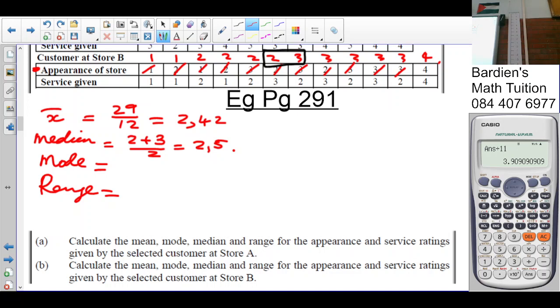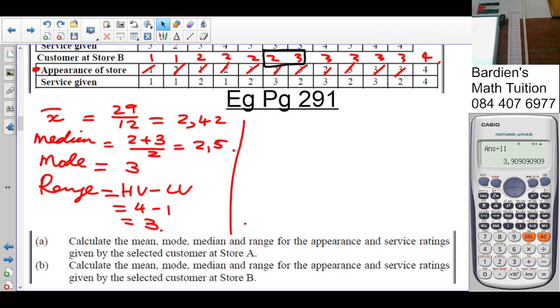The mode? The number that occurs the most, which is 3. The range? The highest value minus the lowest value. 4 minus 1 is 3. What do you think, will it always be 3?